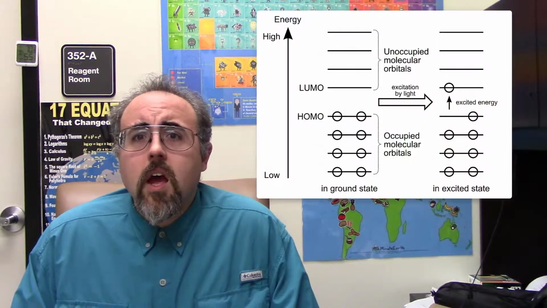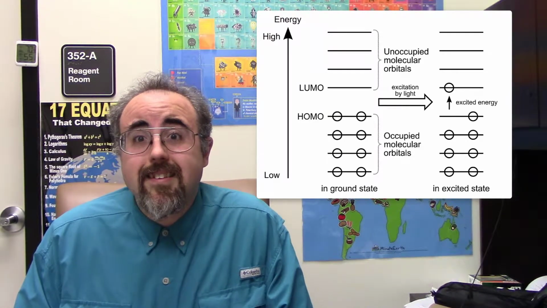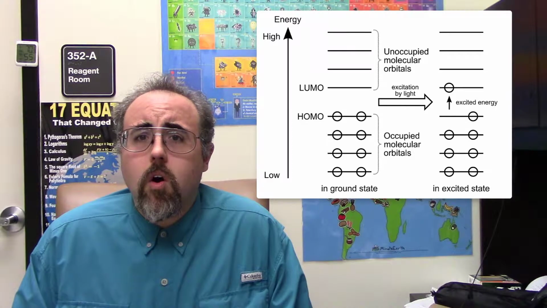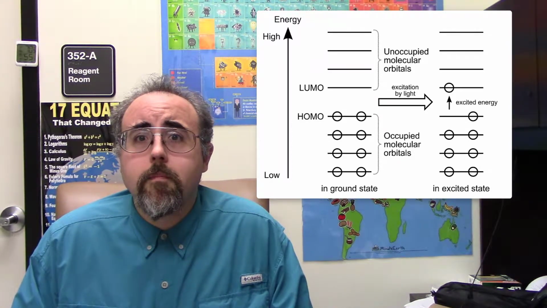Molecular orbital theory does work well for things like chemical reactivity, spectra, and determining which compounds are going to be conductive. A key to all of these points is the relationship between two molecular orbitals. Specifically, the molecular orbital that is the highest energy, yet still has electrons in it, what we call the highest occupied molecular orbital, or for short, HOMO.